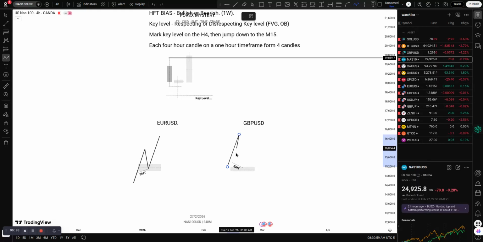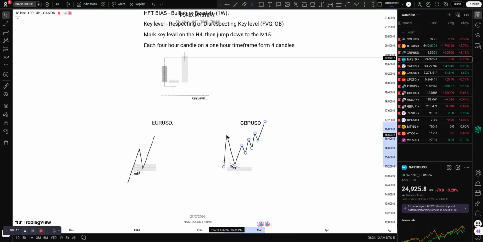And I'm coming and making sure that this is going to be like this, something like this. The SMT might actually be this key level around this area, and buy side liquidity around there.